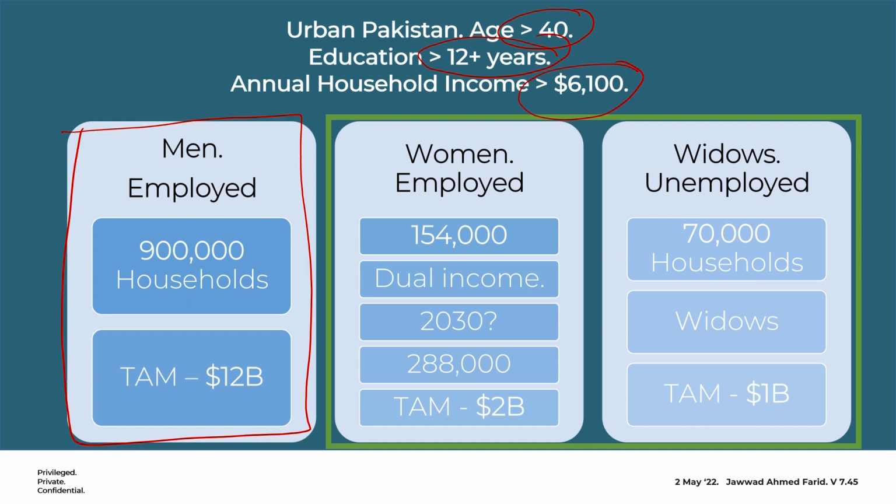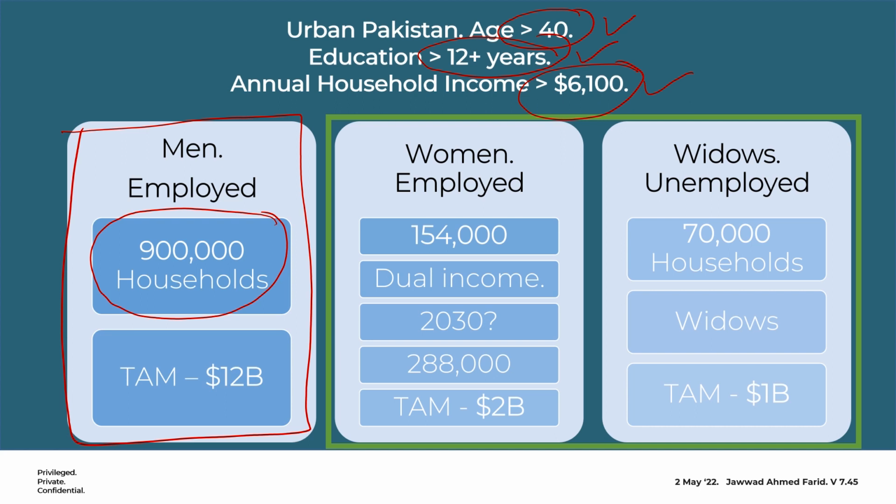If you look at the profile of men who fit these attributes, using the census in 2017 and the 18-19 PSLM data set, there are just under a million households where men represent this segment.